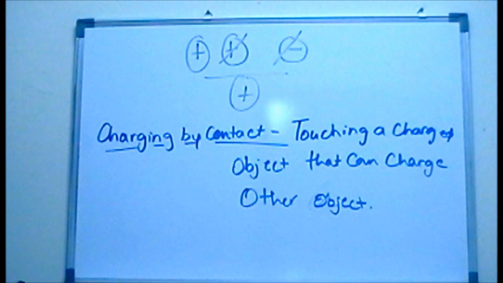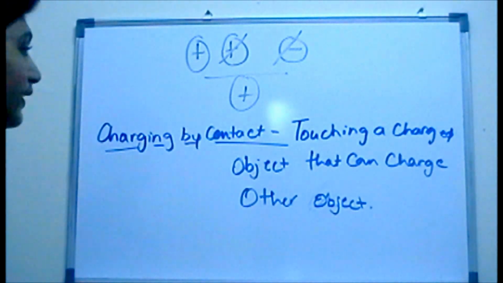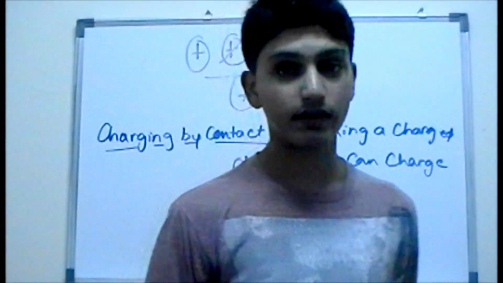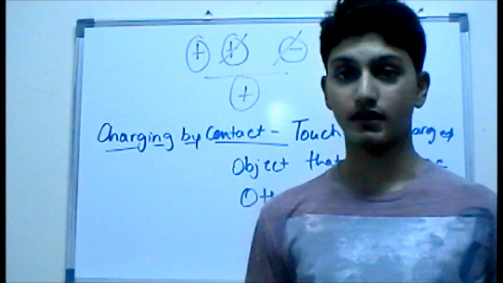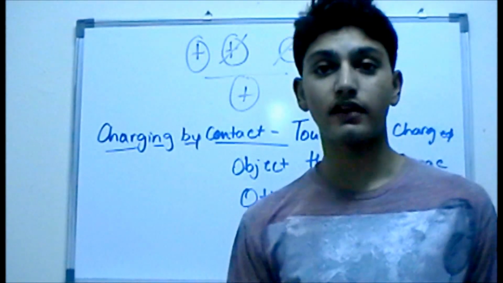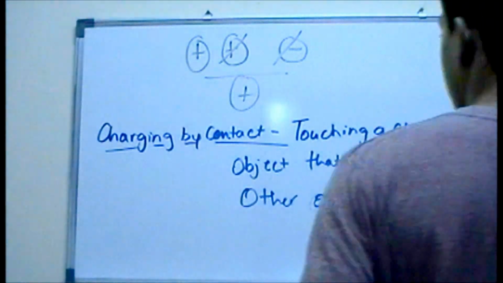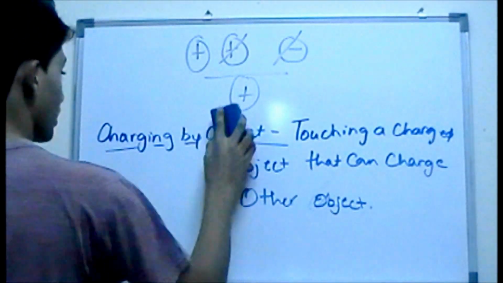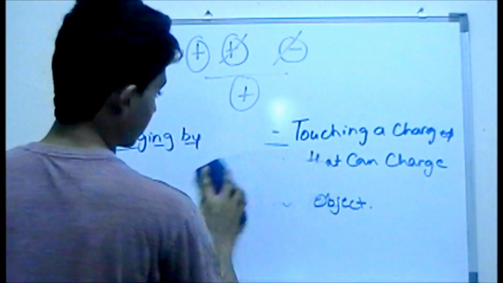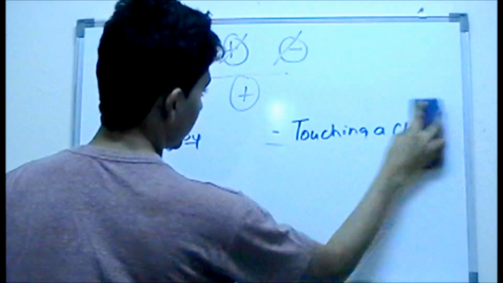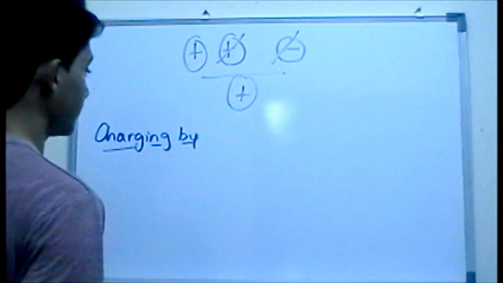The second way is charging over a distance. If you charge an object across a large distance, the term used is charging by induction. Let me erase this and talk about charging by induction.